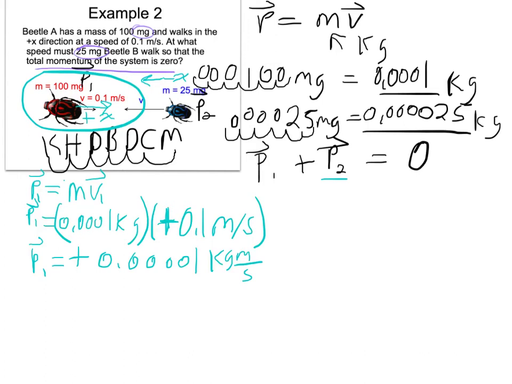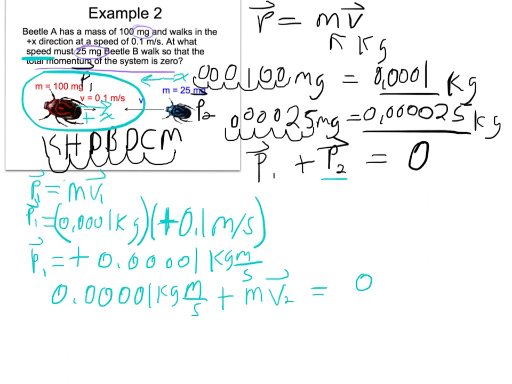So we need 0.00001 kilogram meters per second plus the mass times the velocity of bug 2 to equal 0. And we're trying to find what velocity, let's see, what speed must bug B walk to get 0 total momentum.